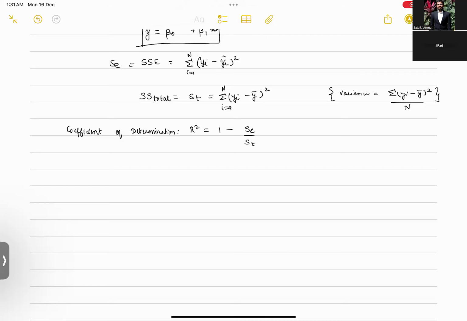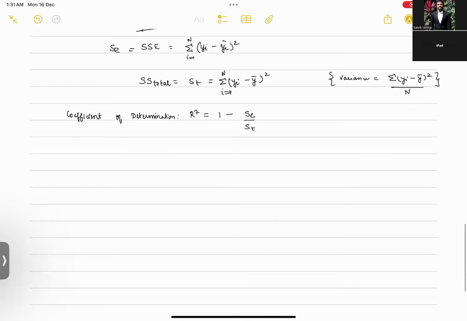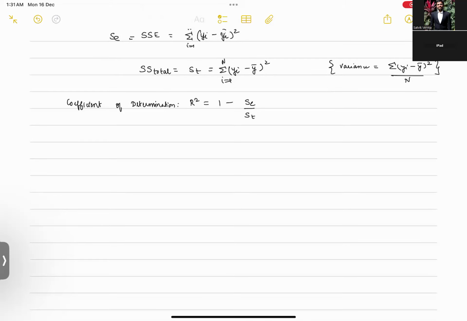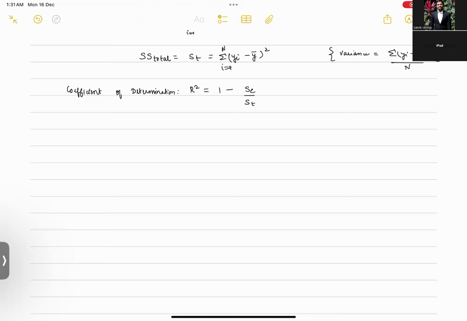And this can be positive, zero, or negative. But it has to be as close to 1 as possible. Okay. So r square equals to 1 is considered a perfect fit, right? So it has to be as close to 1 as possible. But it can be negative as well, which means it is a very, very terrible fit.